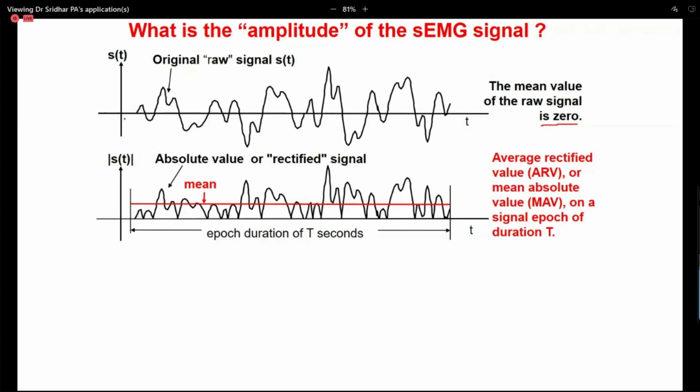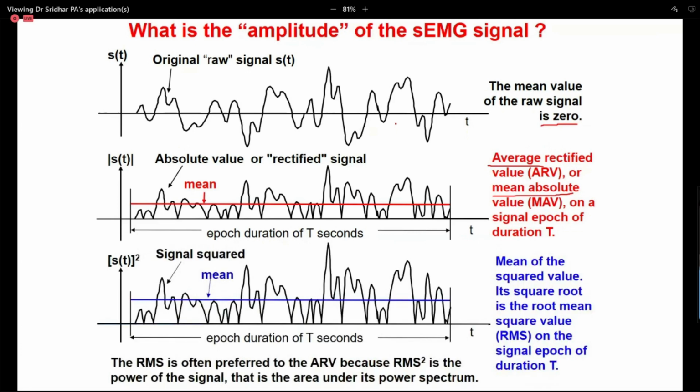So generally the original raw signal, if I take the mean, will be close to zero. That is the reason in most EMG papers, you will see they look into the mean absolute value or average rectified value during a particular duration of the signal, because if you take the mean of this raw signal, it will be considered as zero.